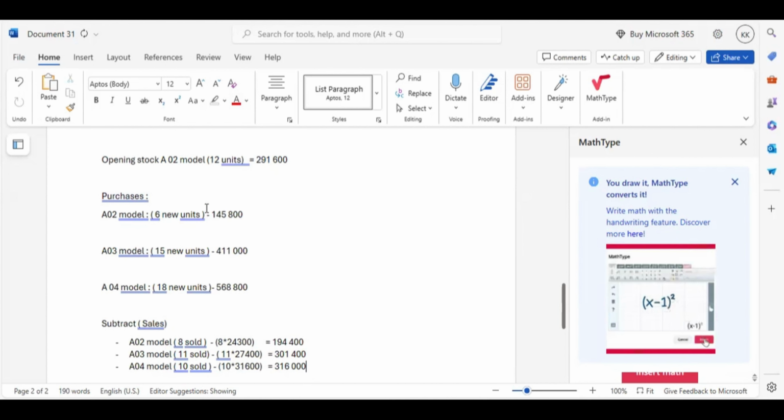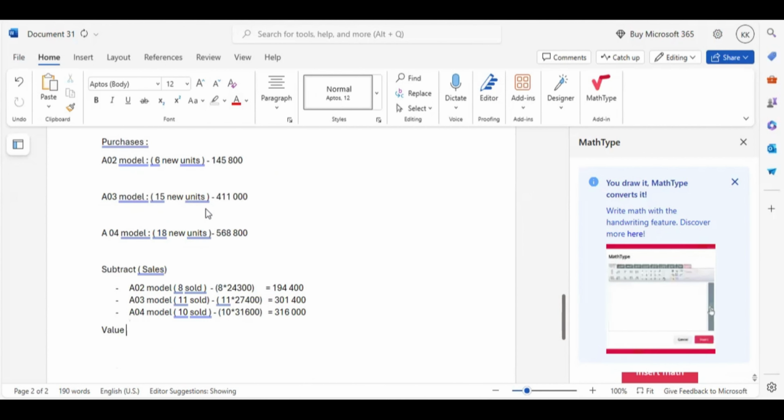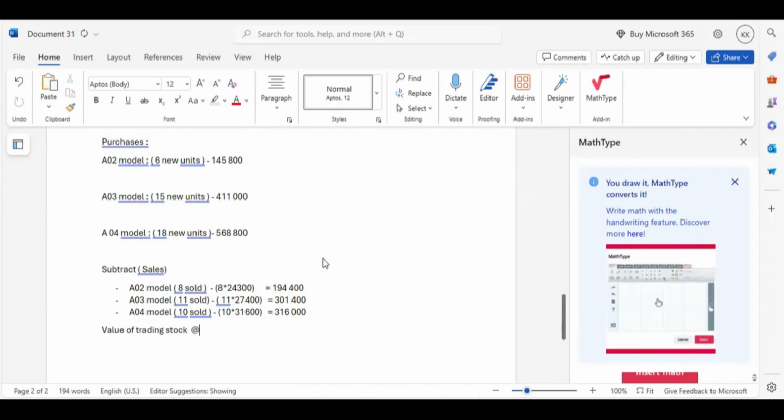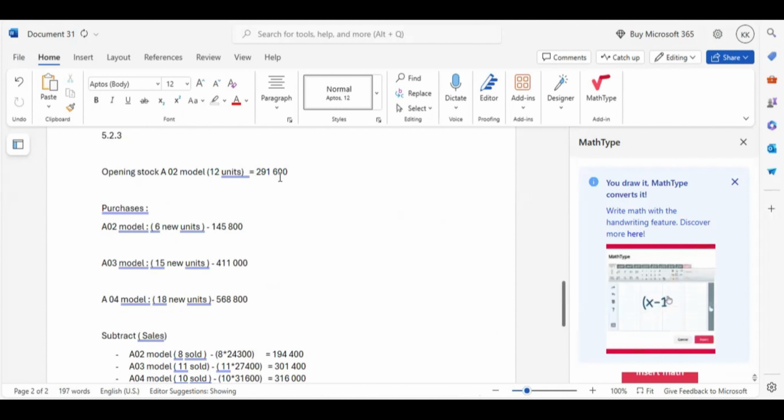So to calculate the value of trading stock at the end, it's going to be your opening stock of 291,600 plus your purchases of 145,800 plus 411,000 plus 568,800.